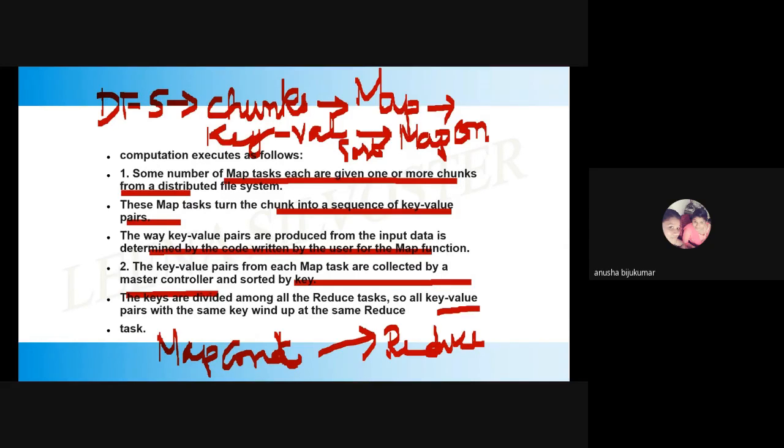So all key value pairs with the same key will wind up at the same reduce task.